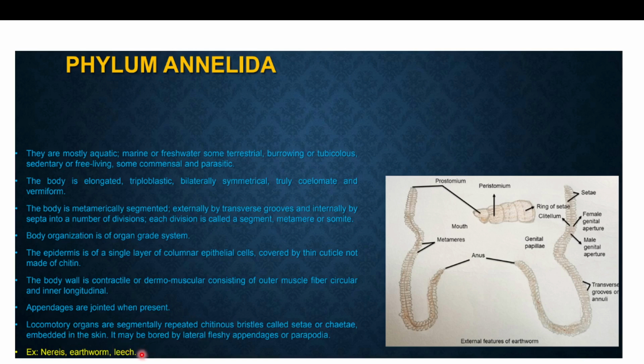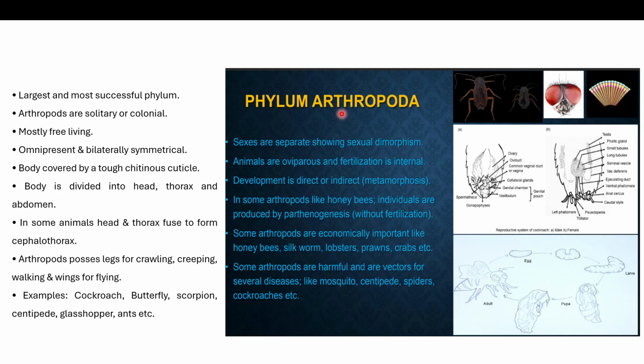Examples are earthworm, leeches, nereis. Then there's Arthropoda or insects, which is the largest and the most successful phylum. They can be solitary or colonial, mostly free living, and they are present everywhere, and the body shows bilateral symmetry.